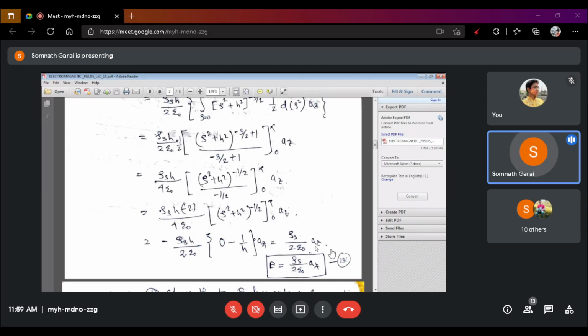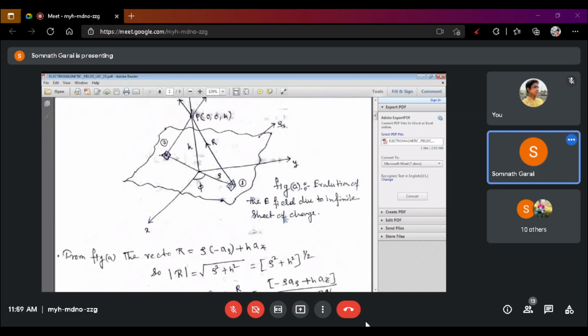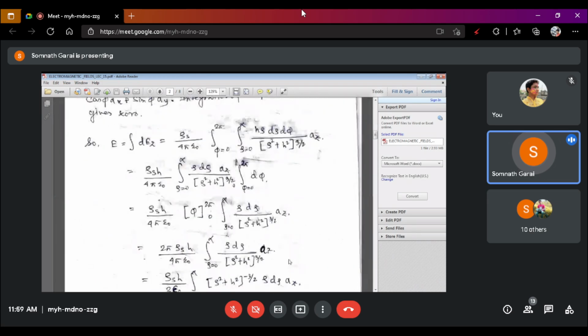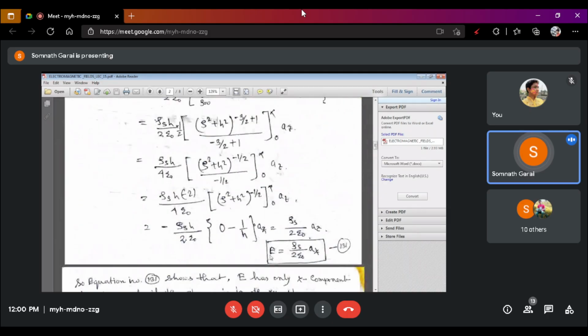That means the electric field intensity at the point P due to this infinite sheet of charge, or infinite surface charges, is given by the equation: capital E equals rho s divided by 4 pi epsilon naught into a z, right?